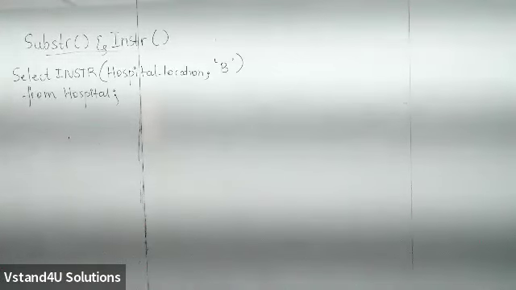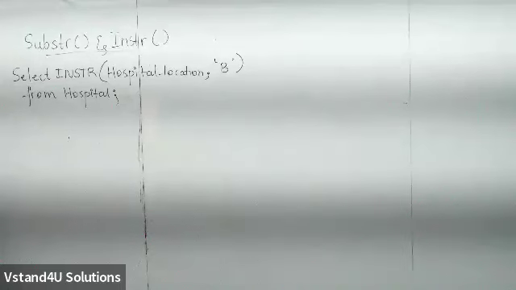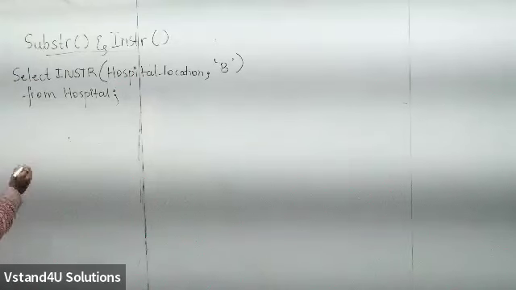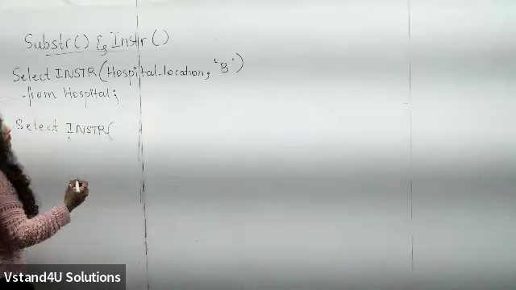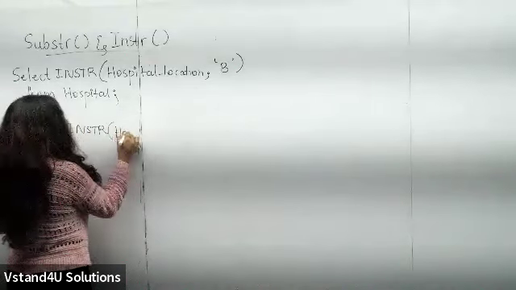Yeah. So now, what are they telling? You have to get to know the position of the word Bangalore, which is present in hospital location. How will you write the query for this? So we'll say select instring from which column?